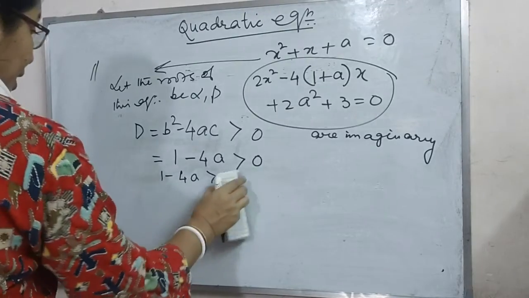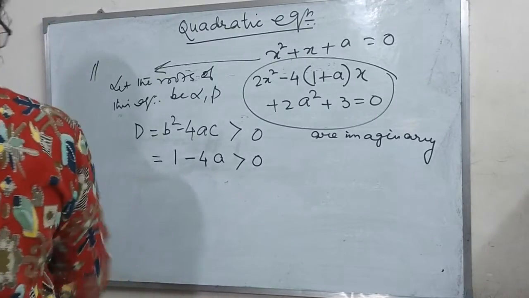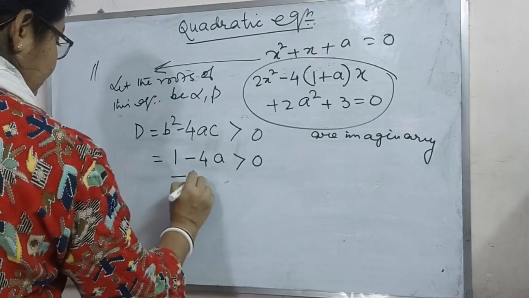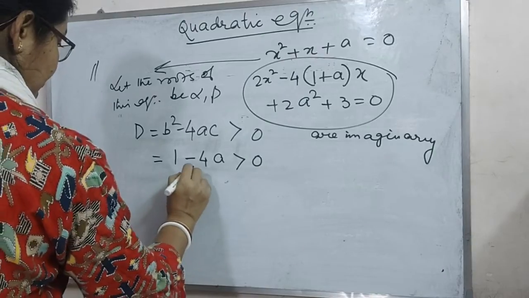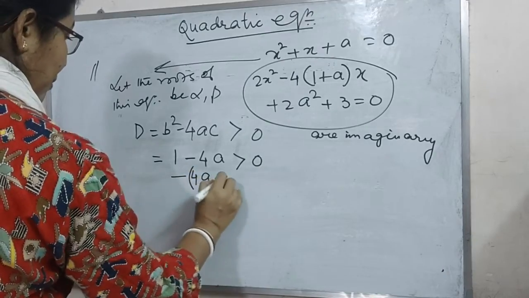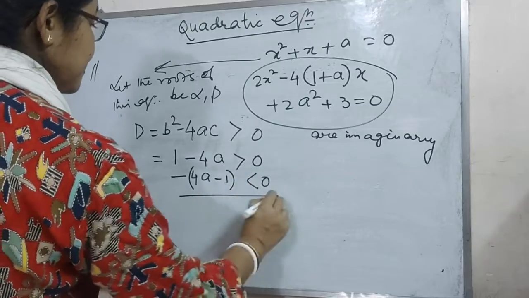Therefore, we can write 4a minus 1 less than 0.